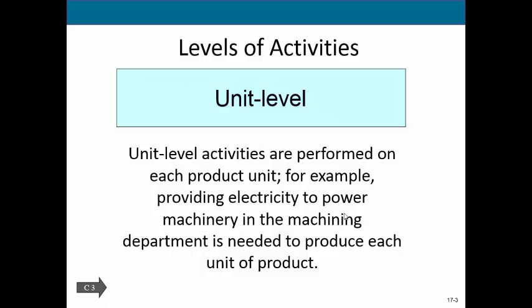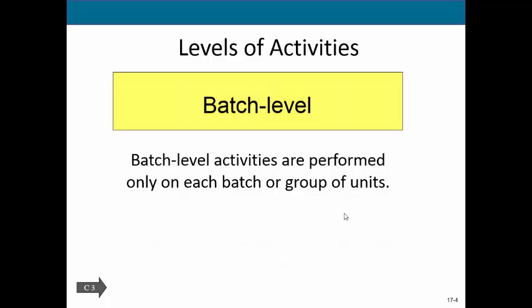The polo shirts have 2 buttons at the top, and then the work-related have a full button up. It doesn't matter how many buttons there are, the activity is sewing buttons onto those shirts. Each shirt has a button, and therefore this is a unit level activity because this is an activity performed on every single product.